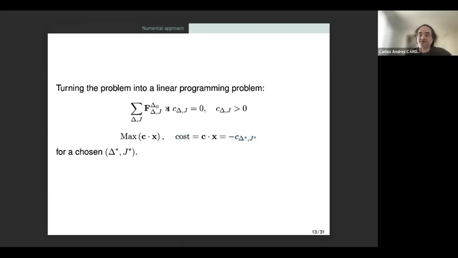In practice for the bootstrap, the cost function is just picking an operator from your spectrum and maximizing the OPE. That means you want to see how far you can go in your OPE region without violating the conditions you are imposing on the bootstrap.